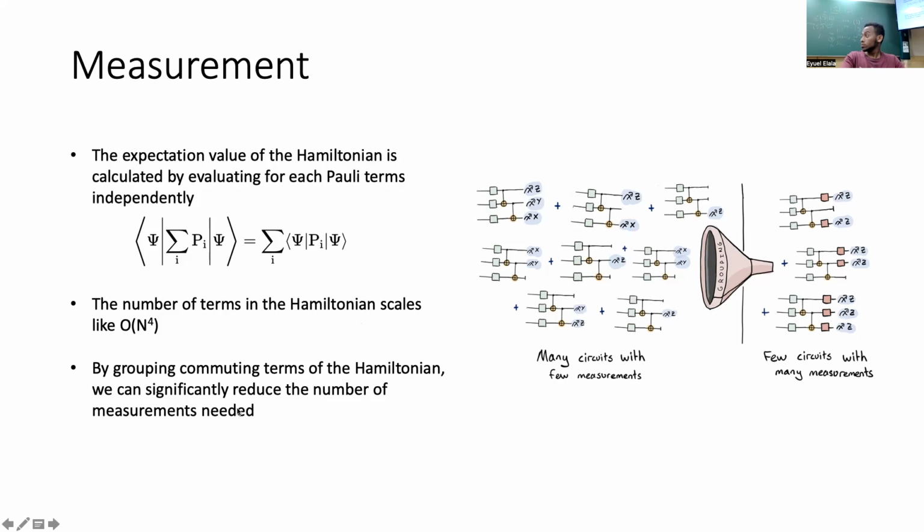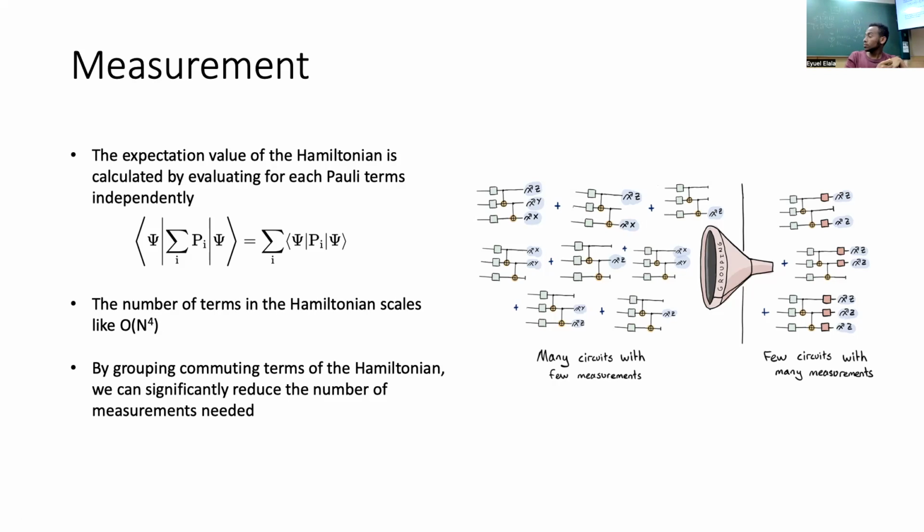Is there a complexity analysis on how many measurement operators we need? If we use, for example, the Jordan-Wigner mapping, the size of the Hamiltonian, the total number of Pauli strings, scales as n raised to 4. This actually seems really bad, so maybe grouping them could reduce the total number of measurements that we need.